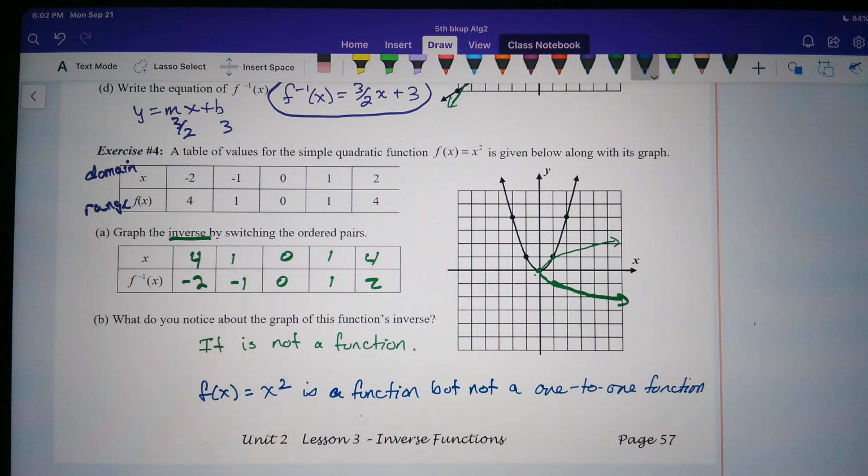Therefore, its inverse is not a function. Three dots in the form of a triangle stands for therefore. Therefore, its inverse is not a function.